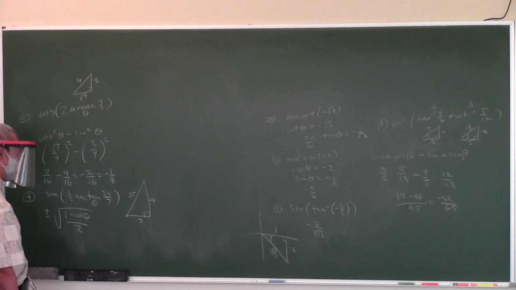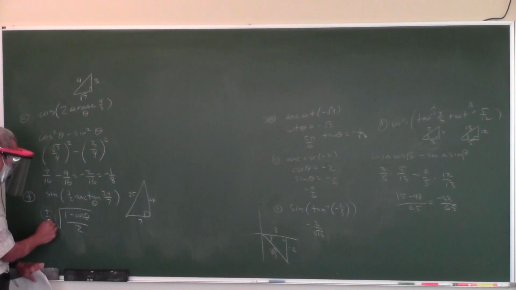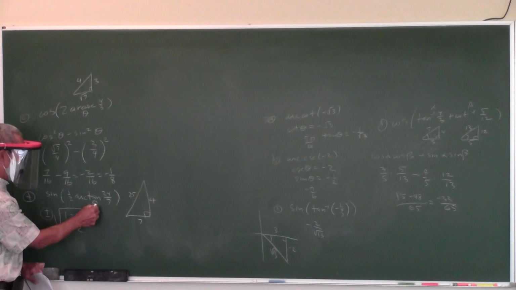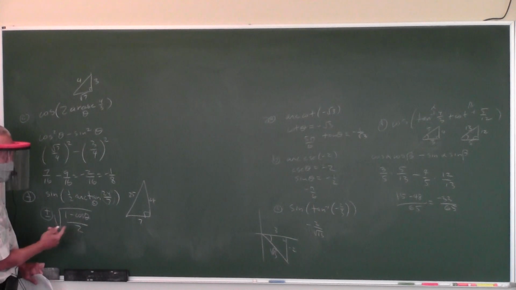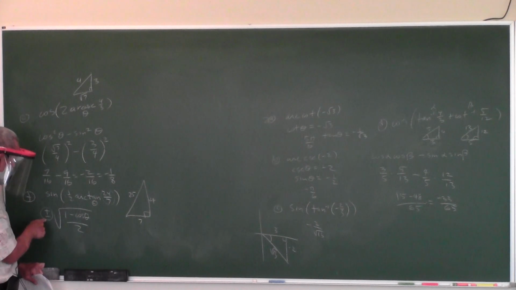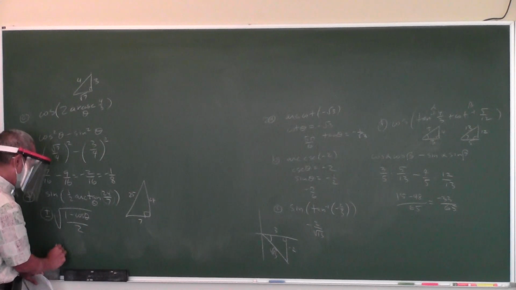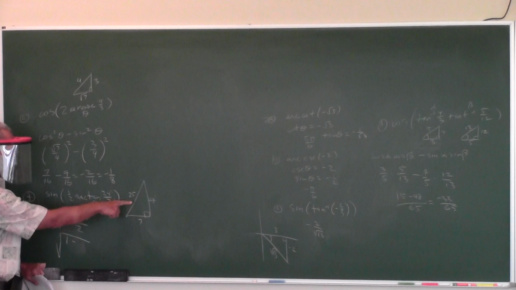Some of you are getting the wrong identity. First you have to figure out which sign to use. If this angle is in the first quadrant, because that's positive, when you halve it, isn't it still in the first quadrant? So it's going to be plus, right? Everything in the first quadrant is positive. And now you just look at the triangle.